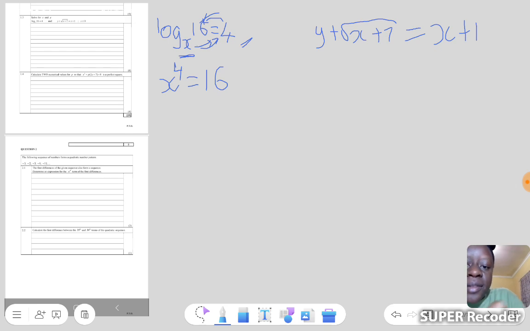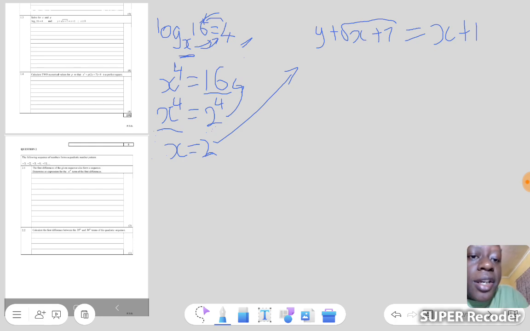And we know that for 16 to have a 4th power, it is 2 to the 4th power, giving us 16, like this. So therefore our x will be 2 because of the same base, just like that.